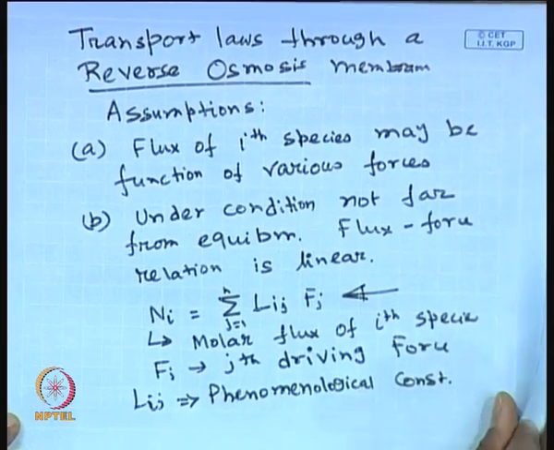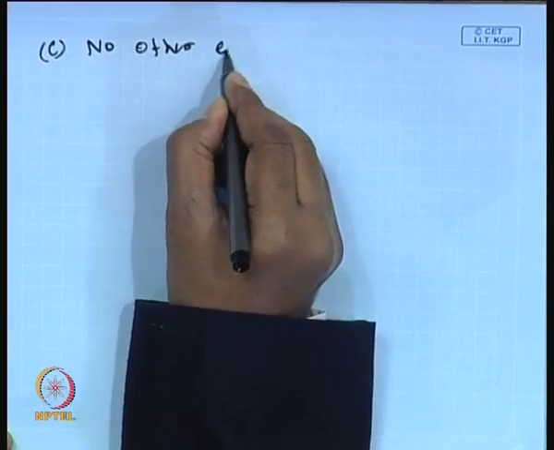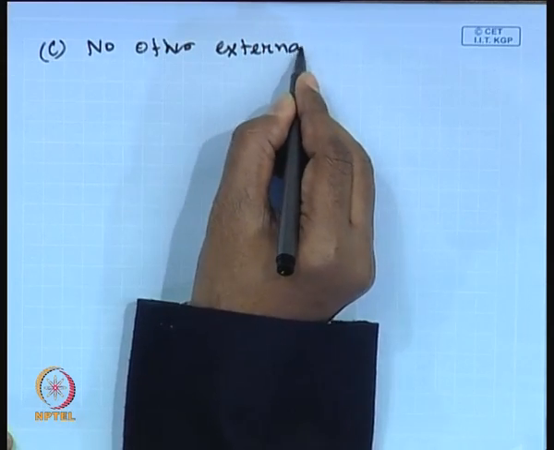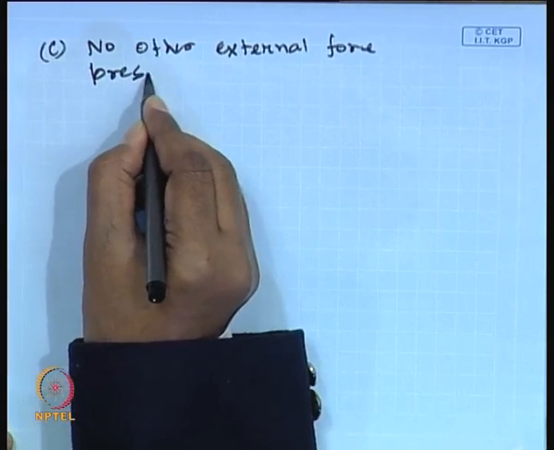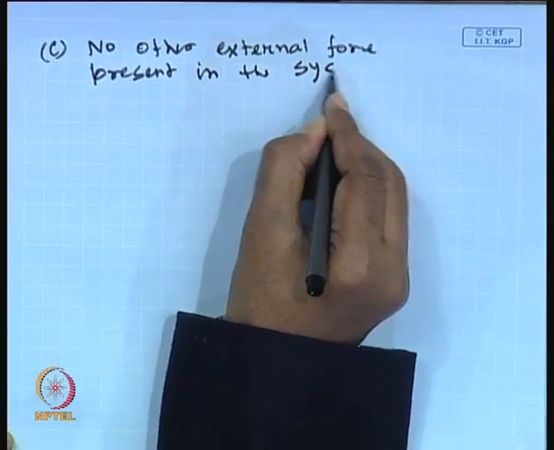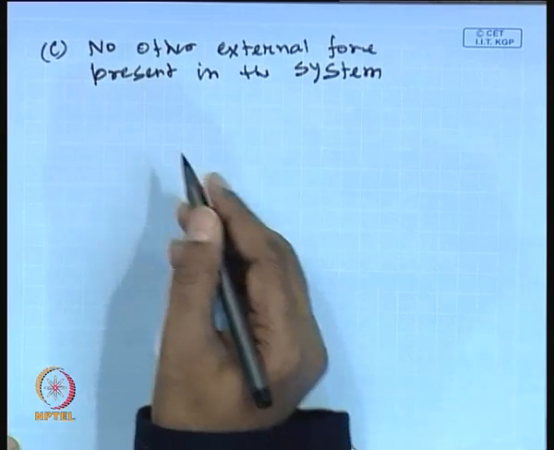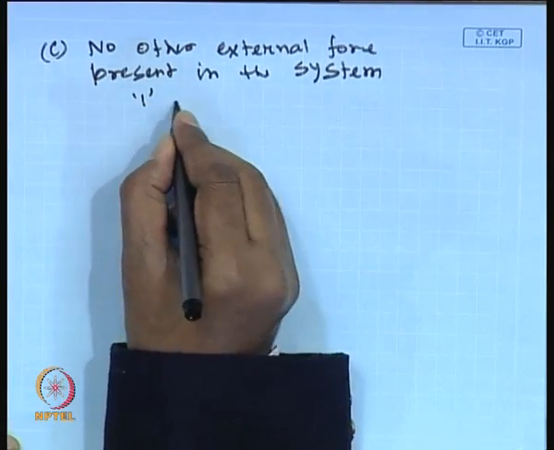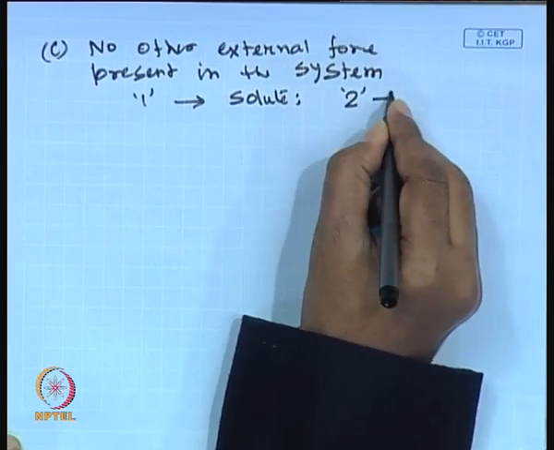And another assumption is that we assume no other external force is present in the system to influence the transport of the species. Okay. Now, let us write 1 for the solute and 2 for the solvent.